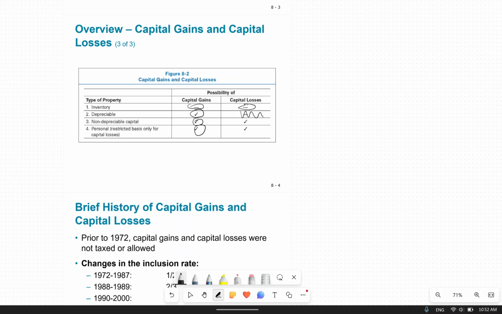You are not allowed a capital loss on inventory, but on non-depreciable property you will have a capital loss, and you will have a personal loss. Think of it when we talk about recapture and terminal loss. When we talk about recapture and terminal loss, think of it that way in this one.